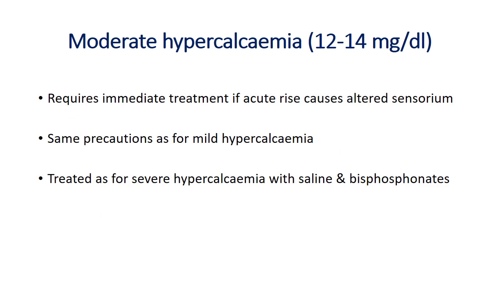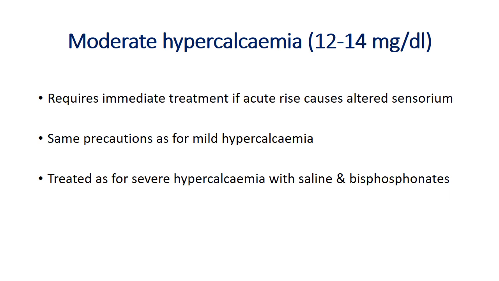Coming to moderate hypercalcemia, you do need to treat it a bit more actively than mild hypercalcemia, but the intensity or aggressiveness of treatment will depend on the course of hypercalcemia. If it is rapid onset hypercalcemia causing altered sensorium, you need to treat quickly. On the other hand, if it is a slowly progressive insidious hypercalcemia, even moderate hypercalcemia can be treated a bit less aggressively.